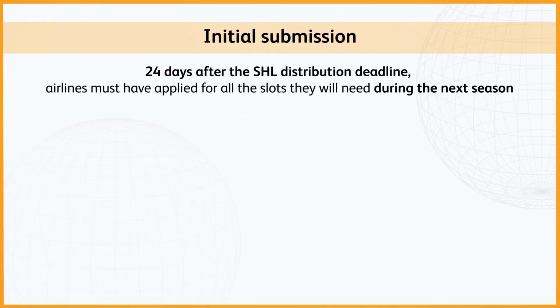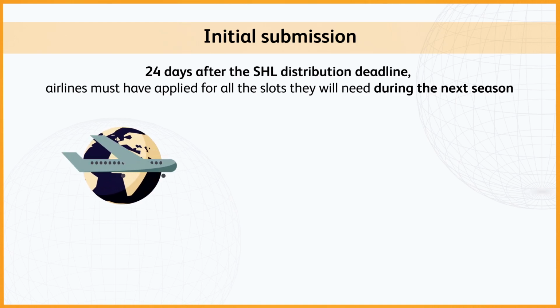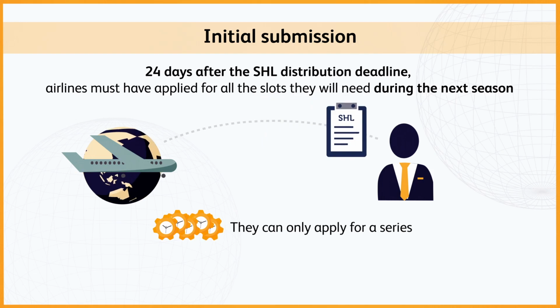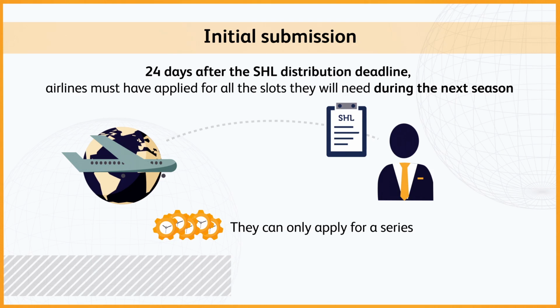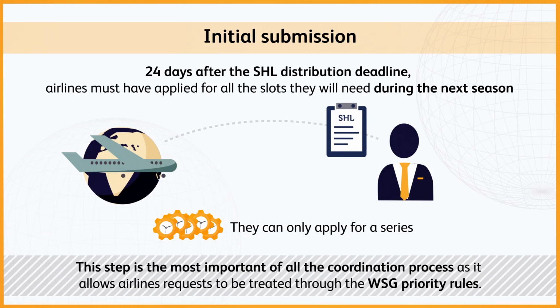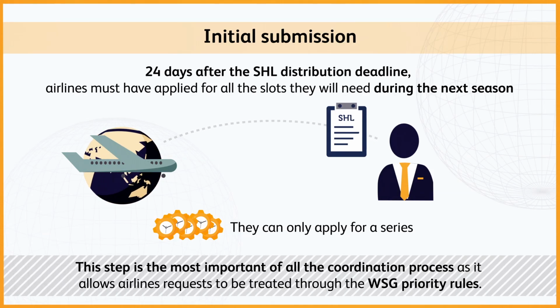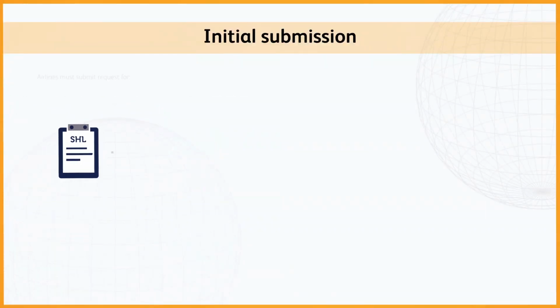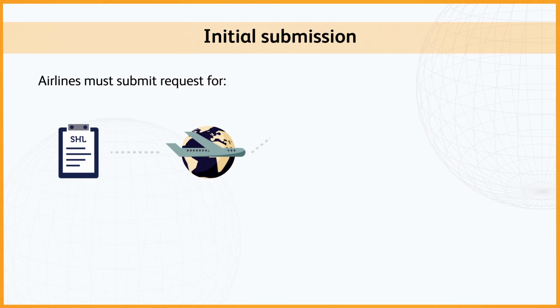24 days after the SHL distribution deadline, airlines must have applied for all the slots they will need during the next season. They can only apply for a series. This step is the most important of all the coordination process, as it allows airlines' requests to be treated through the WSG priority rules. Airlines must submit requests for 1.